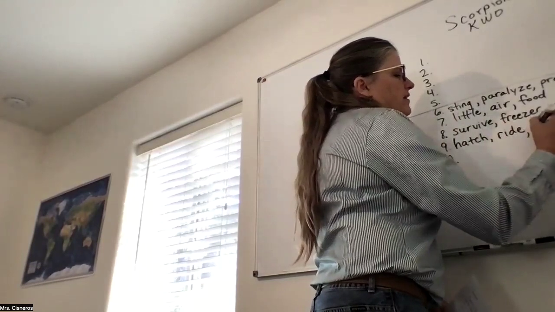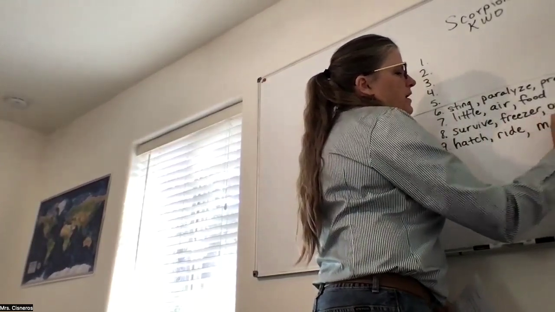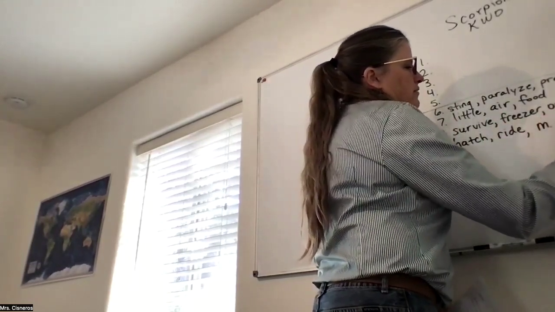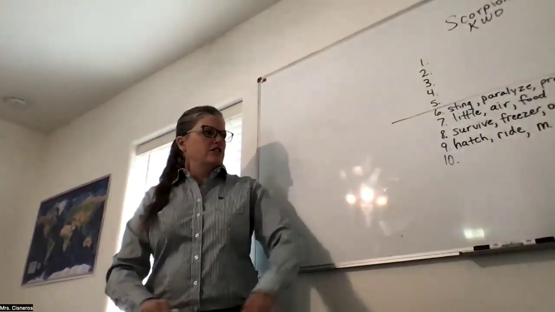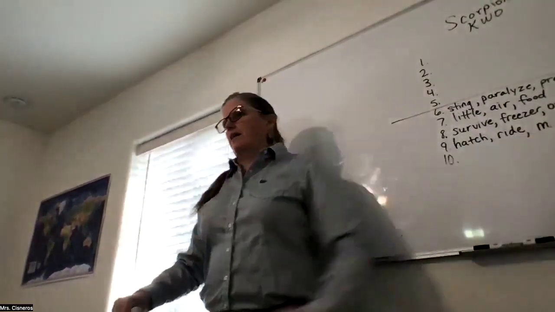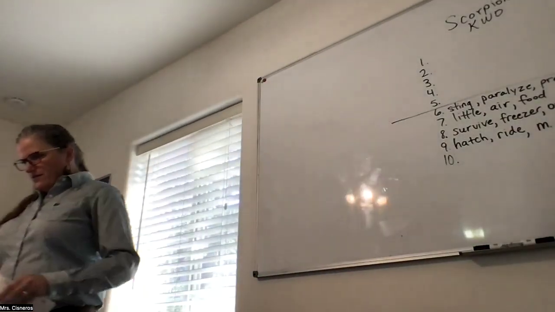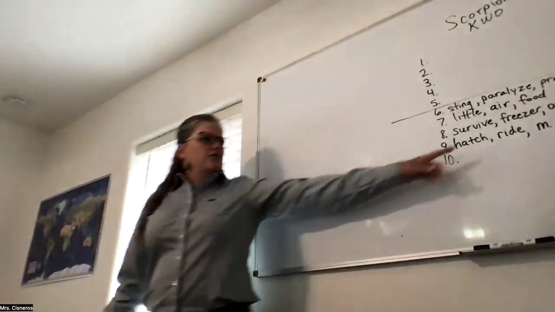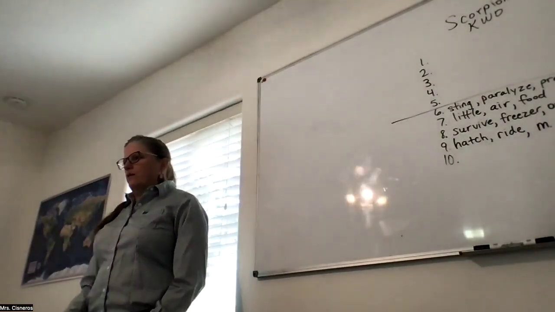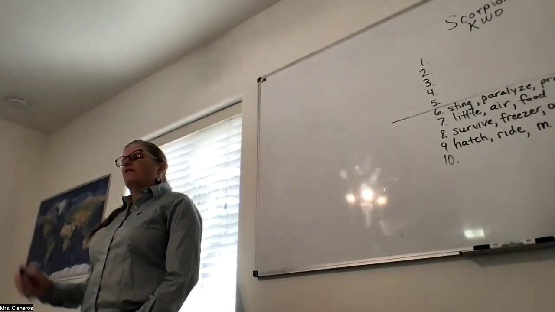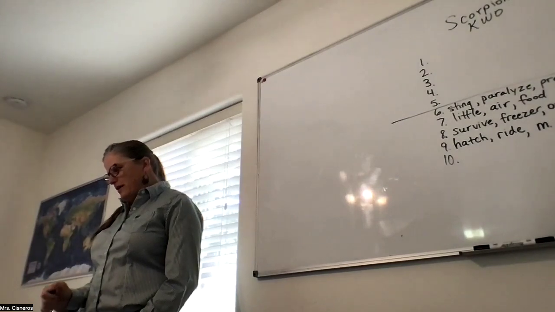And I'm going to put M for mother's back. Can we remember that? If I say hatch, ride, M back. M is going to be for the mother's back. So circle hatch, ride, and back. Those are going to be the main ones. You can do your own if you have a different way of putting it. That's okay with me.